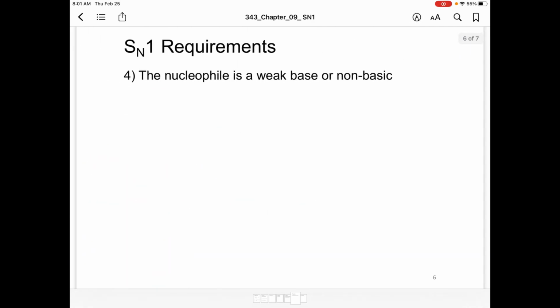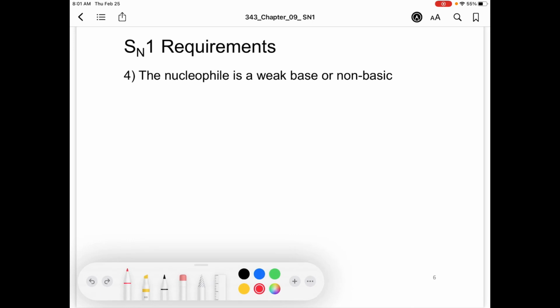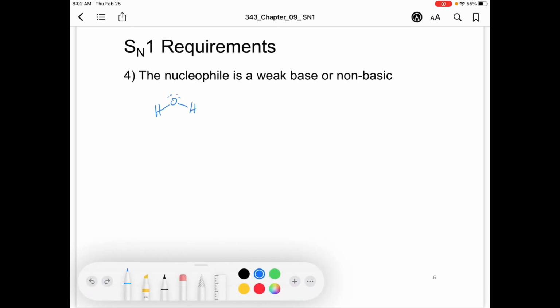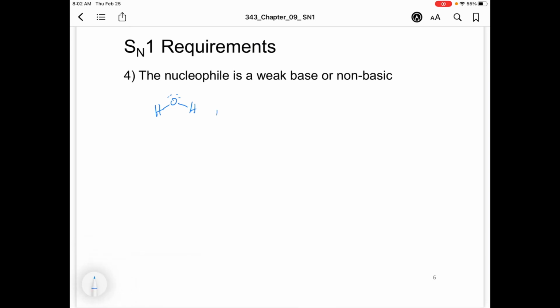All right, and the last requirement here is that the nucleophile is a weak base or non-basic. And what do I mean by that? The nucleophile should not be something that's a really strong base. So let's go over some examples here. In the first example we showed, we had I minus. Let's go over other examples. Water can act as a nucleophile. You can also have some kind of an alcohol here.